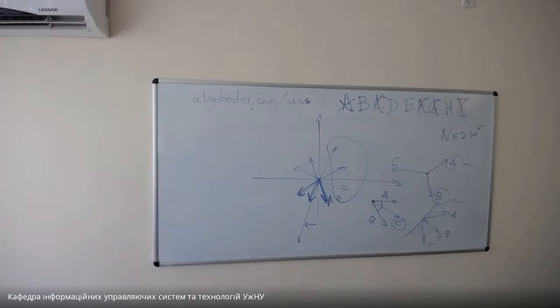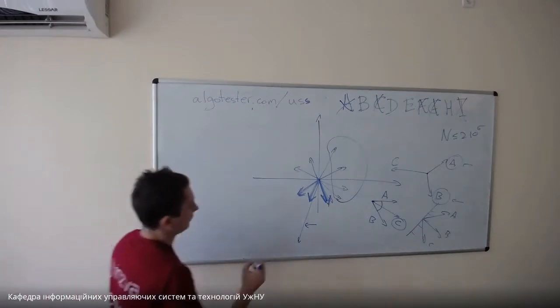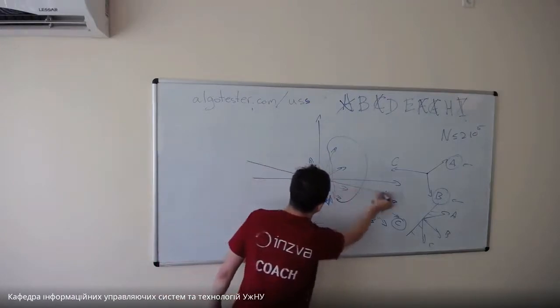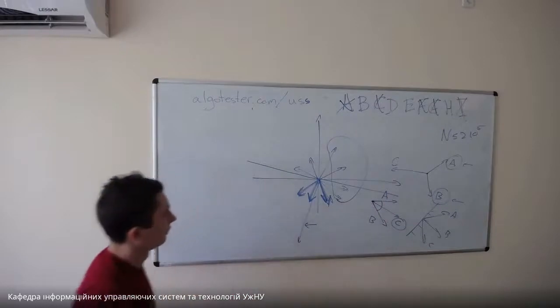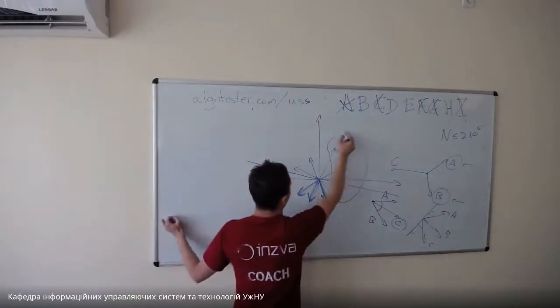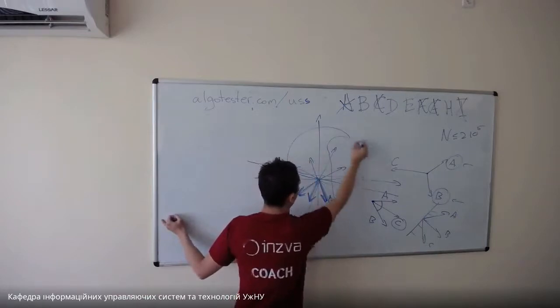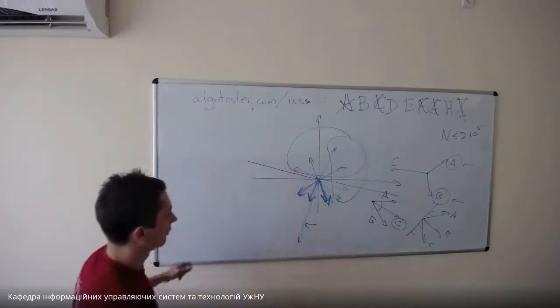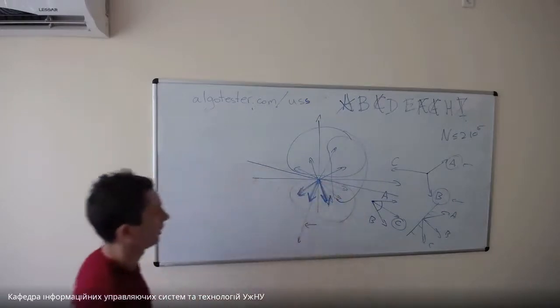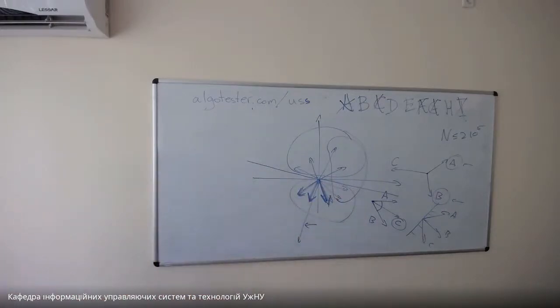That's the second statement. And basically, this second statement means that if we draw a line through the origin, then for this line, we should take either all of the vectors on the one half plane or all of the vectors on the other half plane. So either this half or that half.